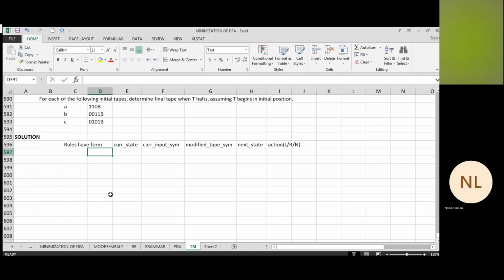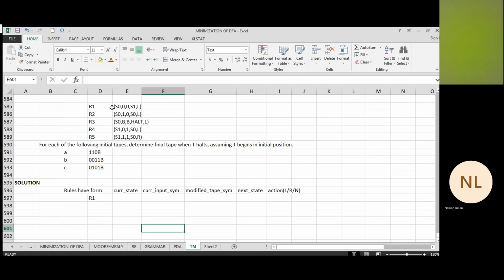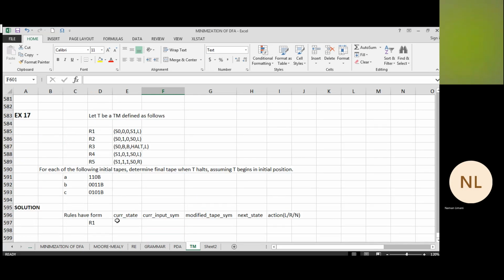So if you say R1 is the rule given, here current state you start is S0, current input symbol is 0, 0 remains 0, so even if the column heading is modified tape symbol, no action is performed, it is copied as it is.